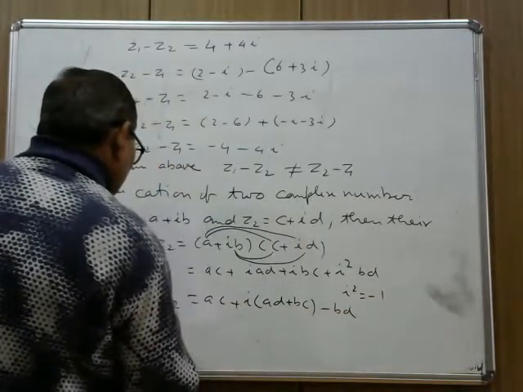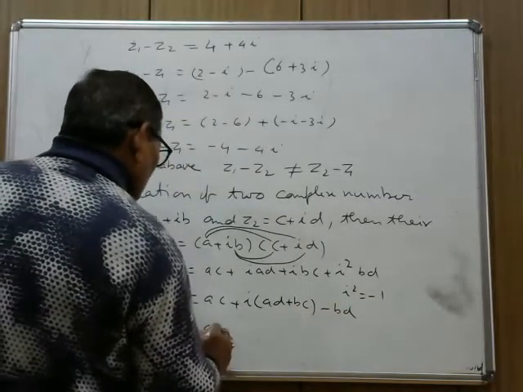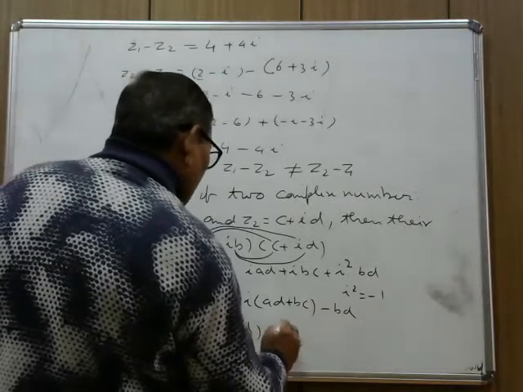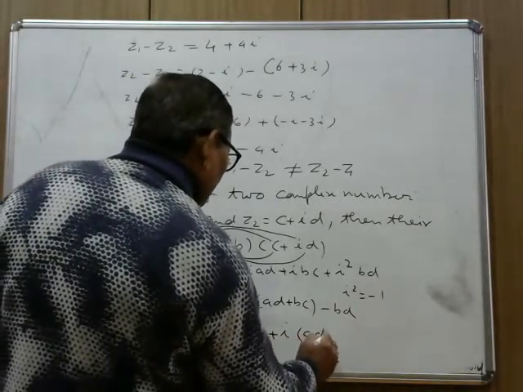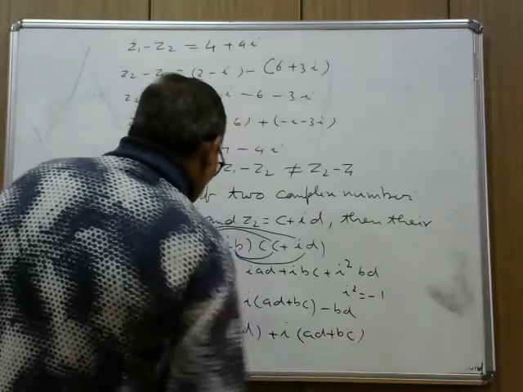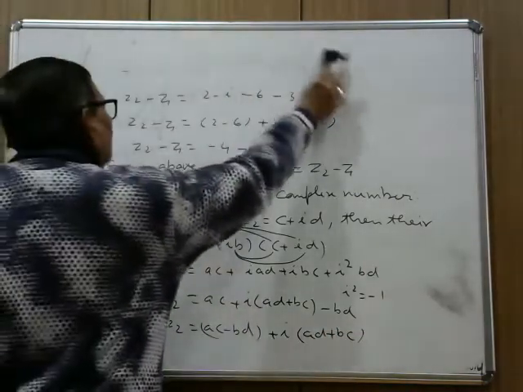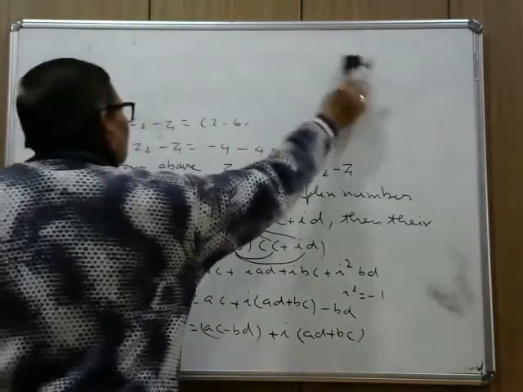So in this way your Z1 Z2 equals ac minus bd plus i times ad plus bc. So now you see the real part and the imaginary part of the product Z1 Z2.